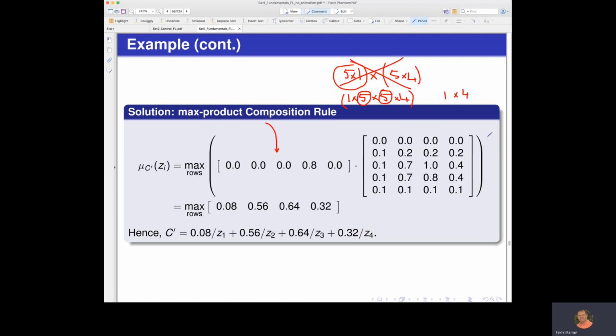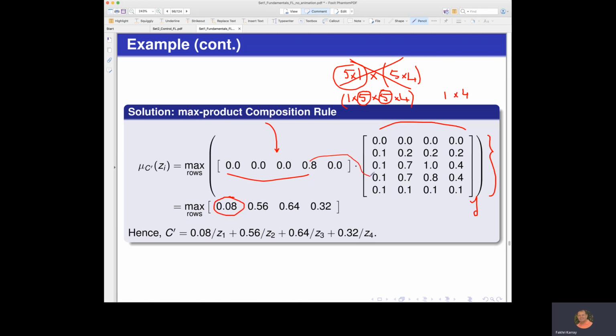The rows are no other than the y components. So the y is no other than the common variable between the two, between the vector of the input and the matrix itself. So that's why we are computing. And of course here, vector times the column. So we end up with 0.08 here.